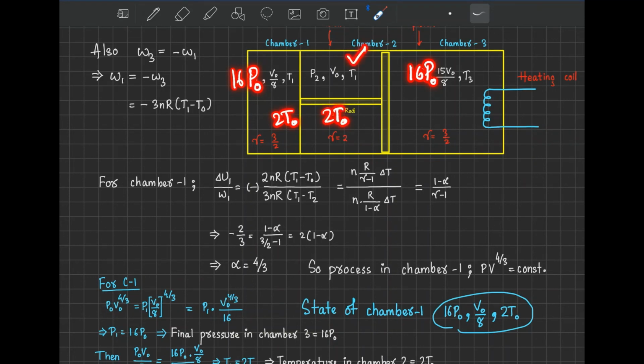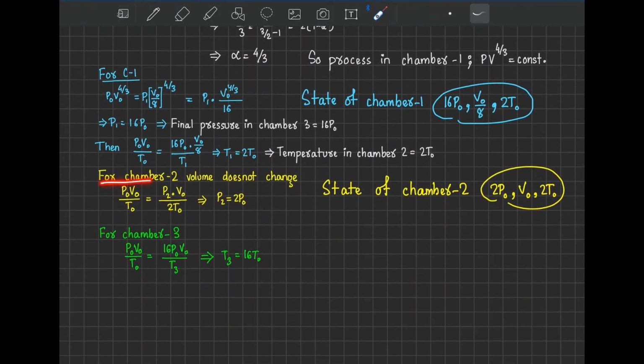Now in chamber 2 again we will put PV by T constant. For chamber 2, initial P0 V0 by T0 equals final pressure P2, volume remains the same, V0, and the temperature we already calculated, 2 T0.